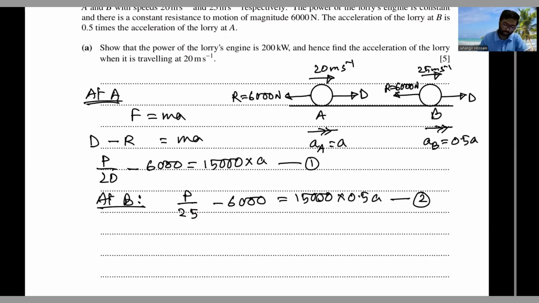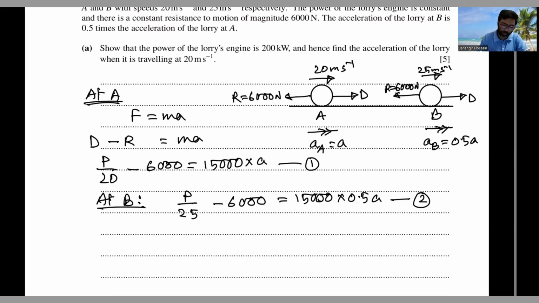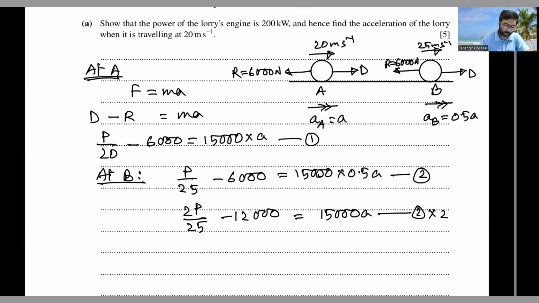Now multiply equation 2 by 2 and we will have 2P by 25 minus 12,000 equal to 15,000a.